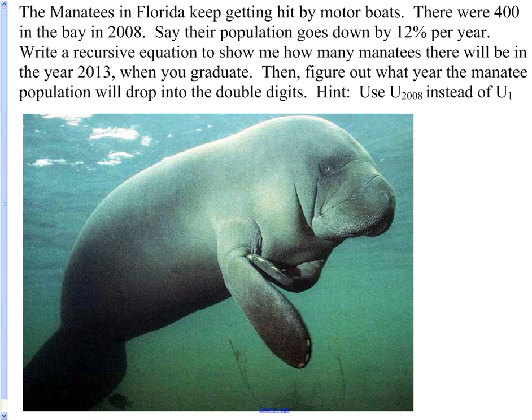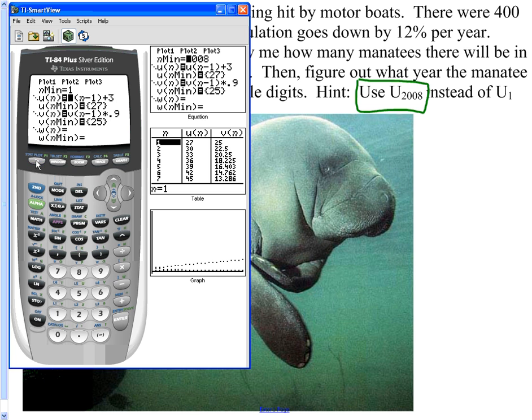On this one, on your calculator, this will stretch you a little bit. Don't use u of 1 for the first year. Use u of 2008, because that's the year it happened, and it'll make a lot more sense. So on the top line of your calculator, our lowest number is going to be u sub 2008.